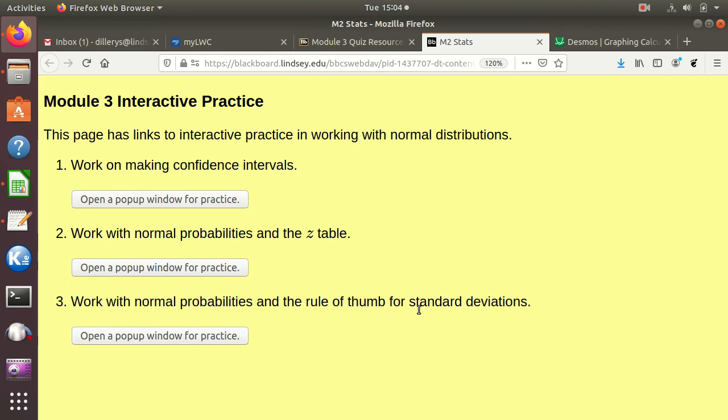We'll talk about the Z distribution and confidence intervals today. I don't think I have any videos on that stuff, but I'll try to get some videos up. So a little behind on that, but it's also toward the end of the chapter.